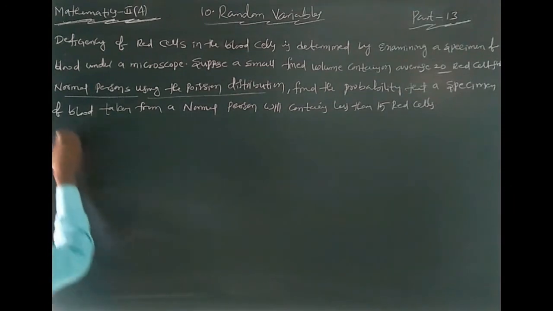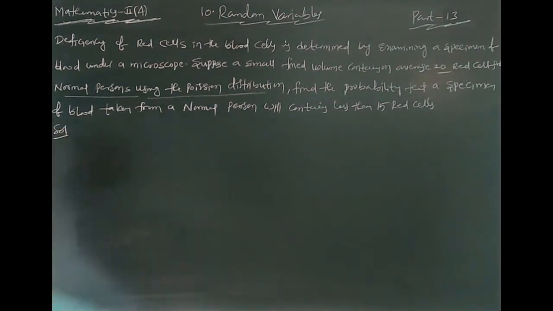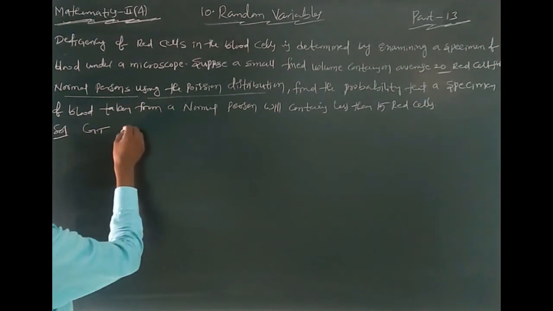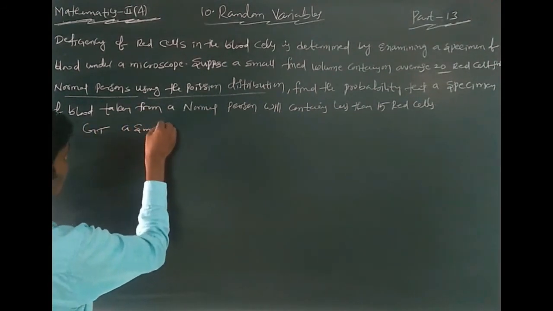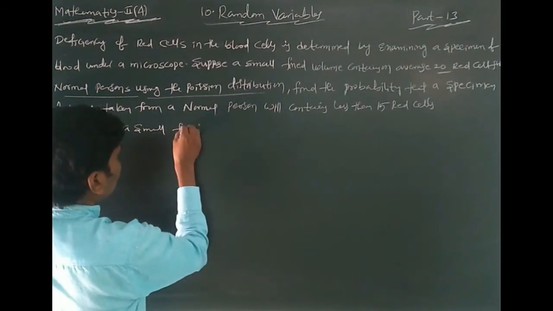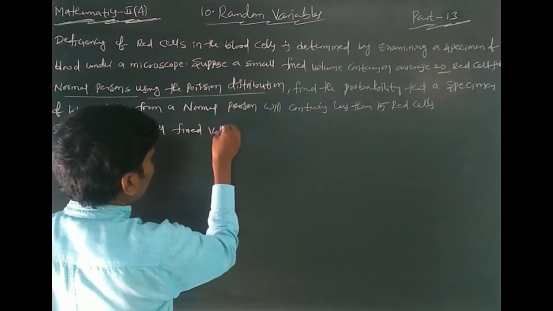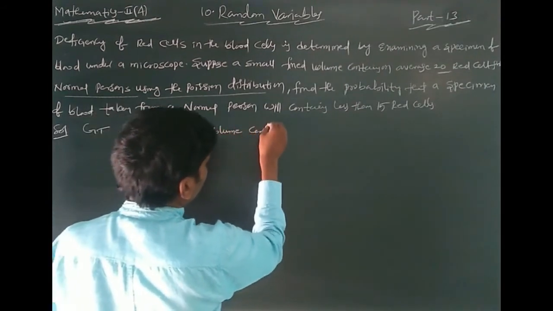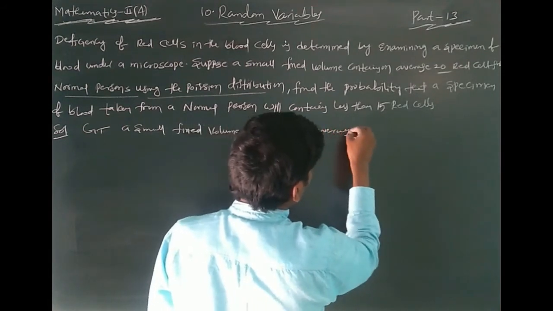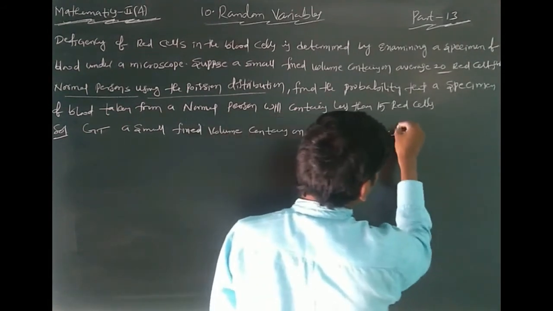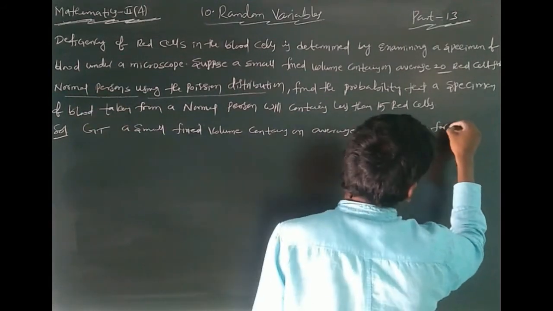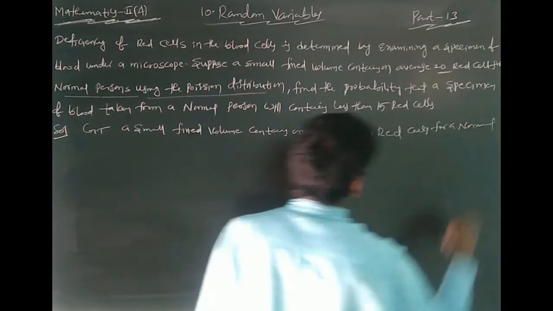Here, what is given first of all? Given that a small fixed value contains on average 20 red cells for a normal person.